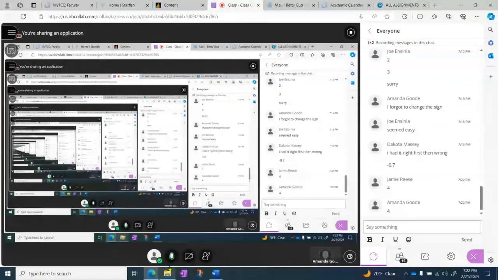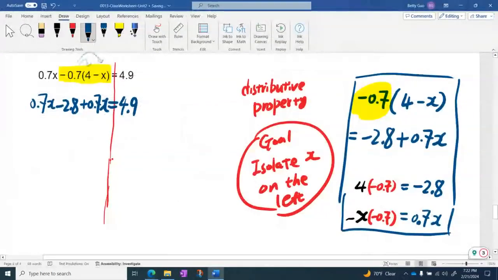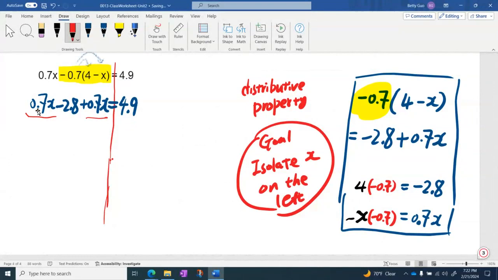Four terms. Yeah, awesome. Very good, four terms. So this term and this term, they are like terms, right? And the two constants, they are like terms as well.